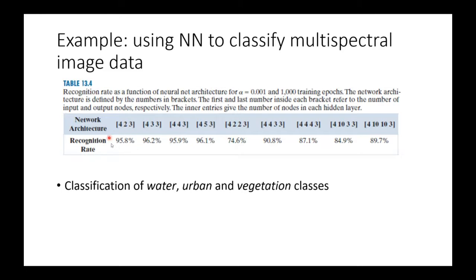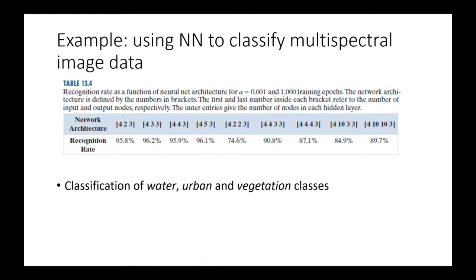With 2 hidden layers, I got almost 96% recognition rate. 3 hidden layers, 96.2. 4 hidden layers, not much of a change. 5 hidden layers, more or less the same thing. So basically, if you have just 1 hidden layer, I've read it wrong.